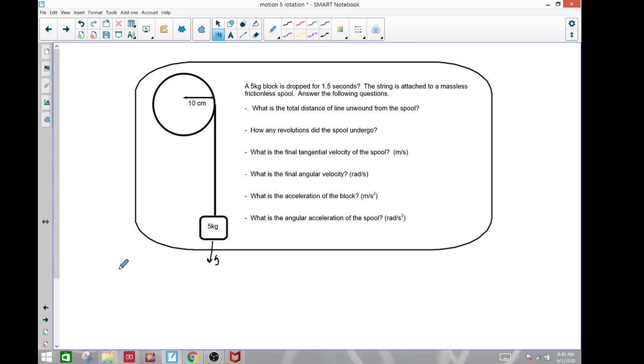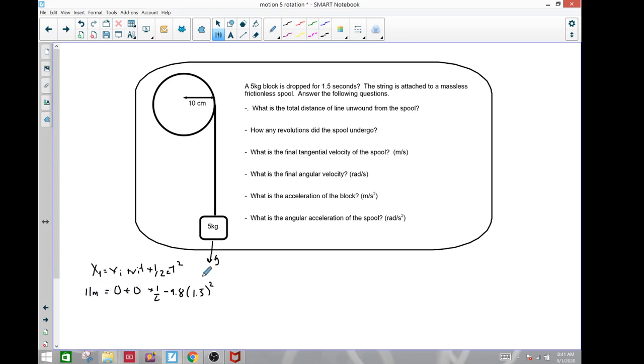So this is just a linear situation where we have x_t equals x_i plus v_i t plus 1/2 a t squared. Start from rest, so 0, 0, and I have 1/2 times negative 9.8, and then my time is 1.5 seconds squared, and you're going to get a distance in meters, which is, I believe, 11 meters.